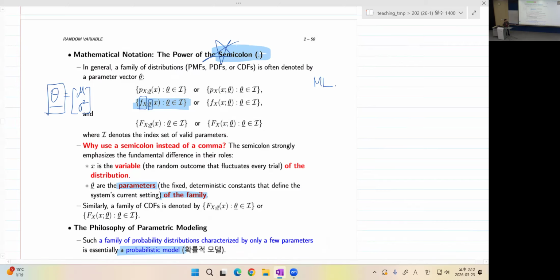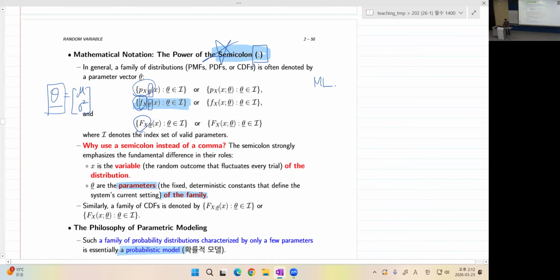Usually, very careful writers of textbooks or professors teaching courses intentionally use a semicolon in order to emphasize that these parameters may not be random quantities. They are just unknown deterministic variables. Got it? Anyway, sometimes you use probability mass functions to parameterize the distribution, sometimes the PDF, sometimes the CDF.